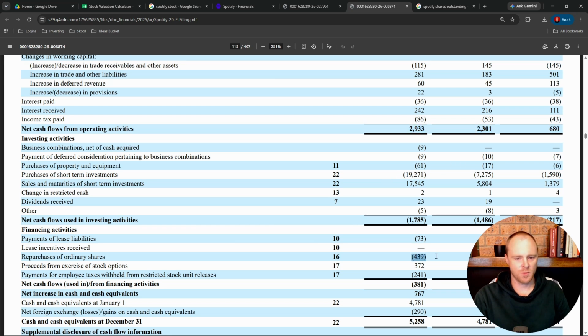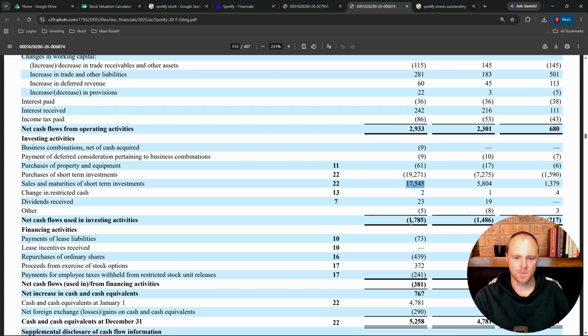Well, repurchase of ordinary shares. So it did a little bit of that in the last year. Exercise of options come back in, and then payment of taxes and whatnot. But the key difference has been they've bought more short-term investments, and sale of maturities of short-term investments is just the balance there.